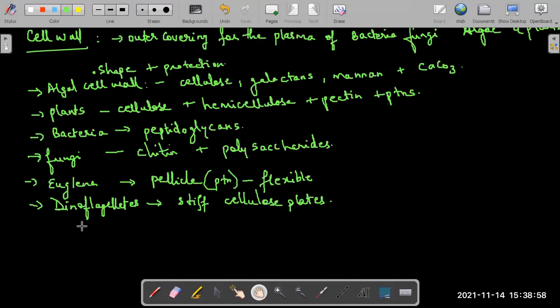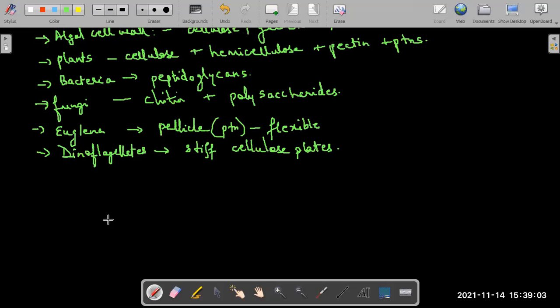Now, coming to plants and algae, we are talking about the cell wall of fungi, bacteria, algae, and plants. When we speak about cell walls, there is the primary cell wall.